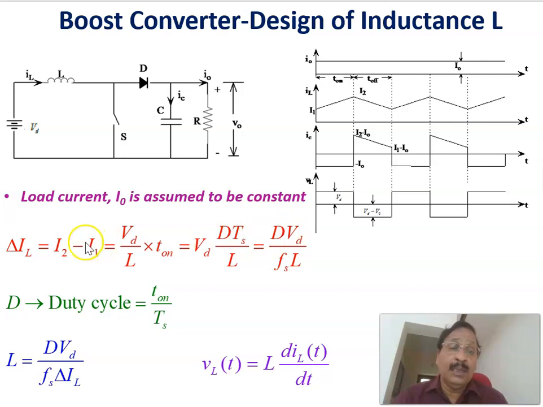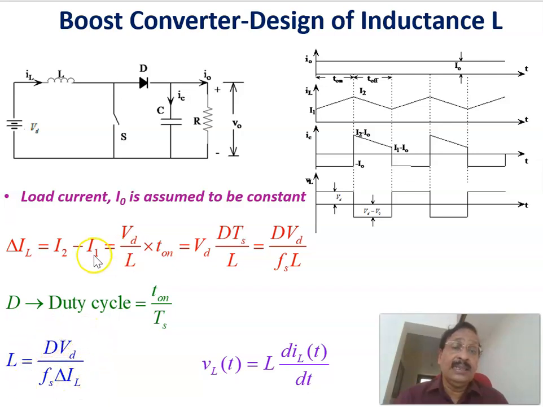For substituting that, the change in inductor current delta IL is given by dVd divided by Ts into L, or 1 by Fs into L. Fs is the switching frequency, or 1 by Ts. Therefore, the corresponding equation for the change in inductor current is given by dVd divided by Fs into L, or the inductance L is given by dVd divided by the switching frequency Fs into delta IL, the change in inductor current.